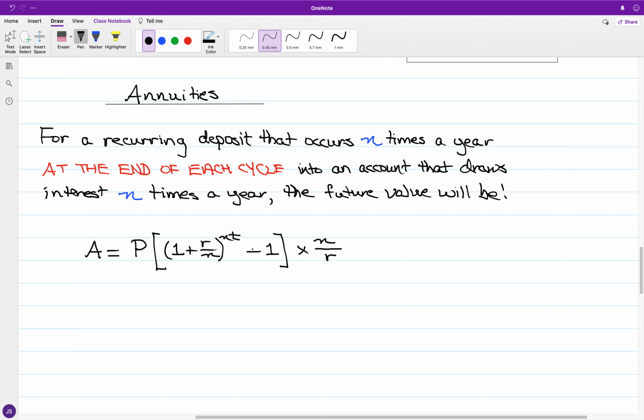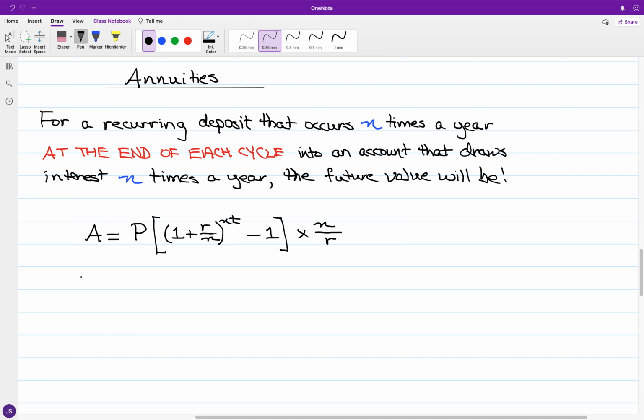Now let's say, just as an example, we're looking for the future value. Say we have P equal to $300 put in at the end of each month.